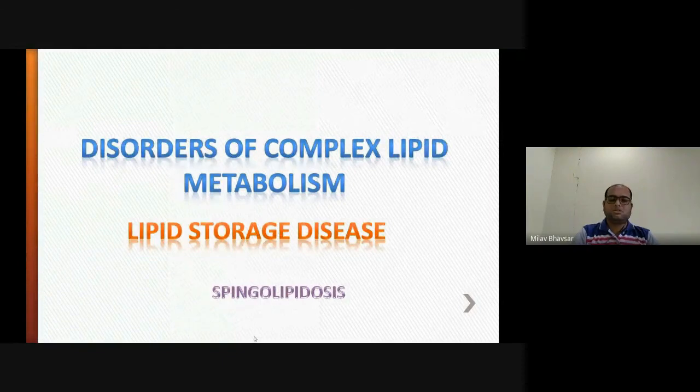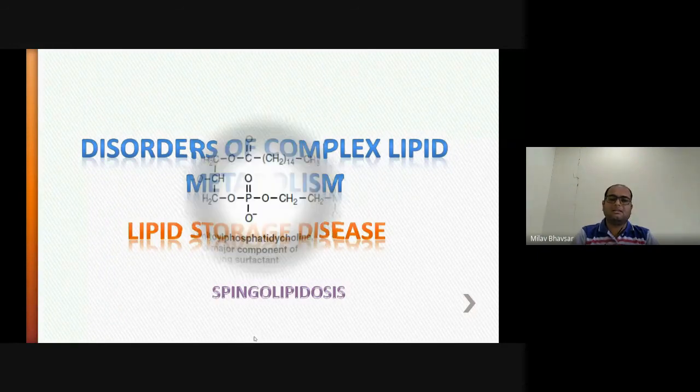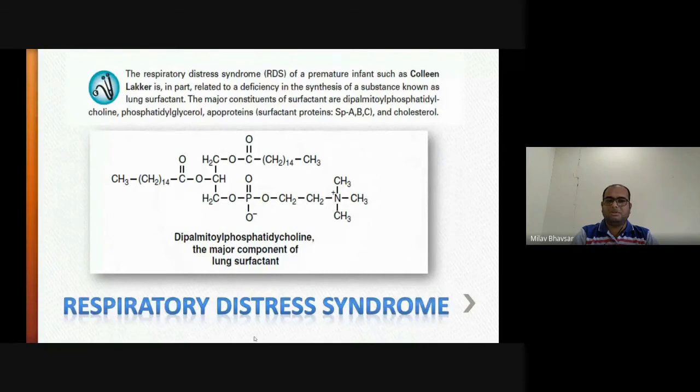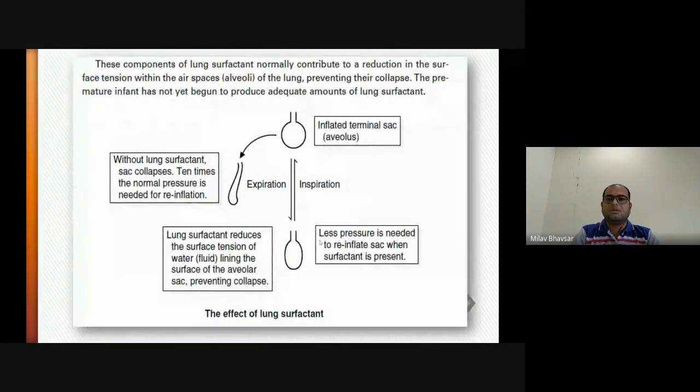So, some of the storage diseases. Basically, what happens if your complex lipids are not getting properly utilized? One is RDS. Here the problem is inflation.